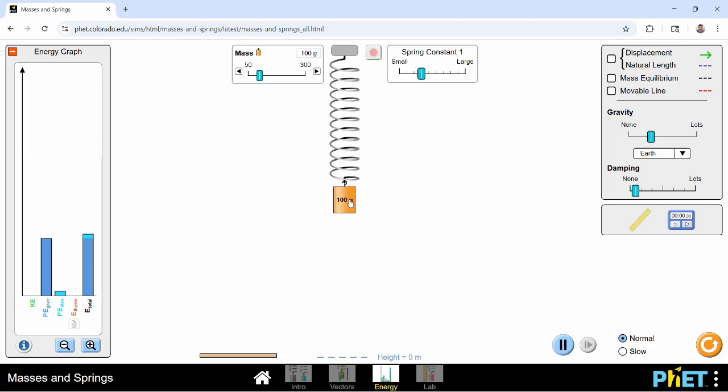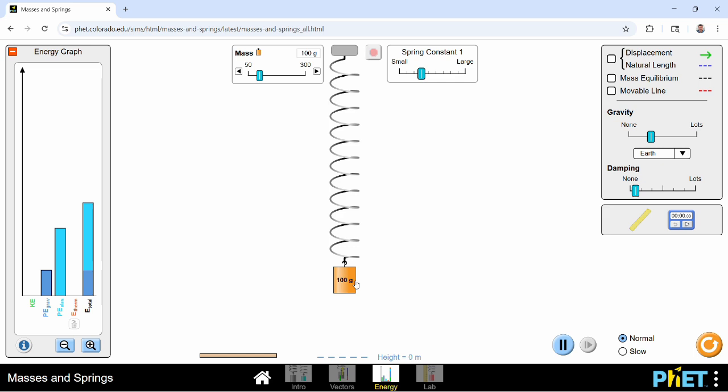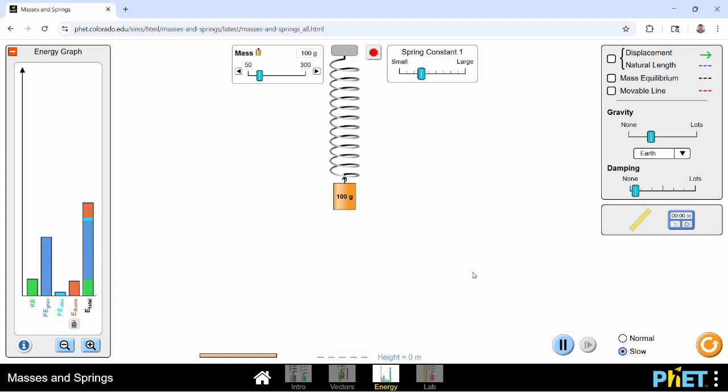When I go the other way, I can make the spring force and spring potential energy increase. I pull it down, and it starts out with some total amount of energy. As it begins to oscillate, and I'm going to hit the slow tab so that I have more time to talk, you see the kinetic energy fluctuating.